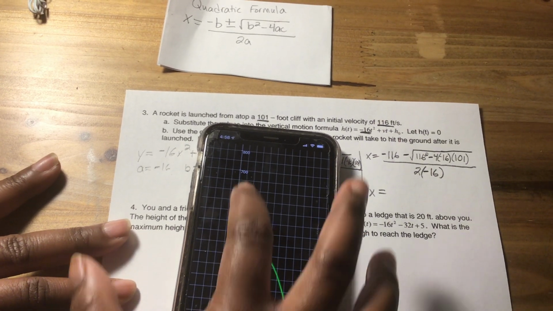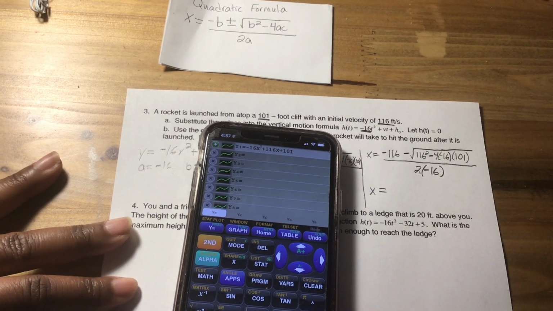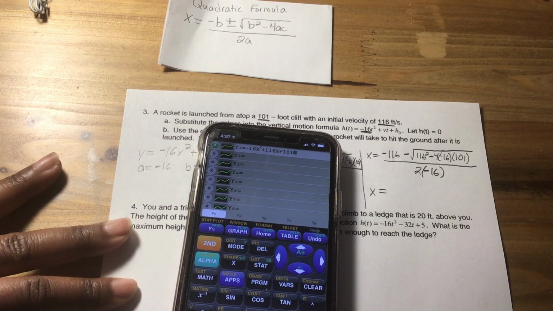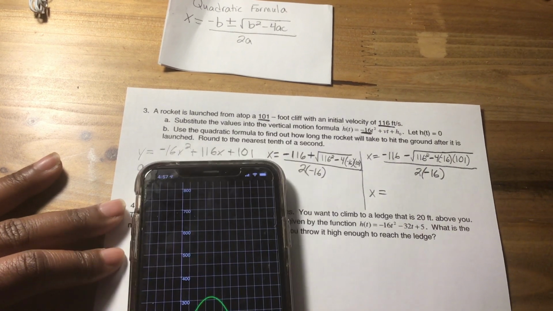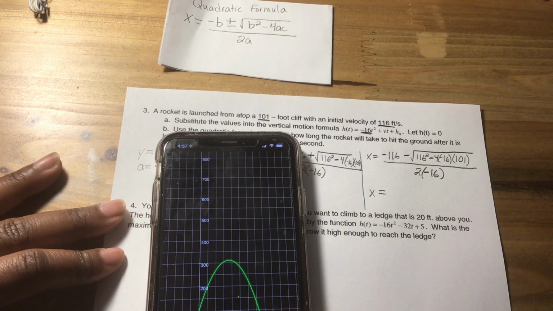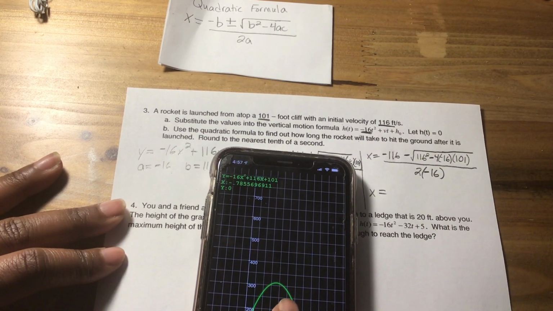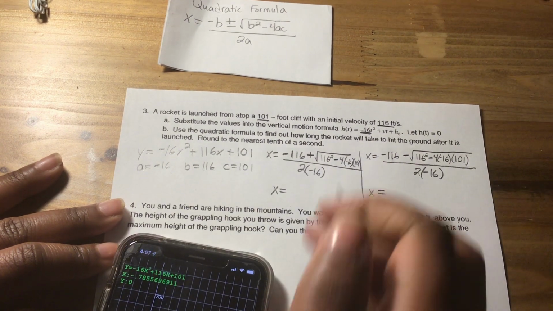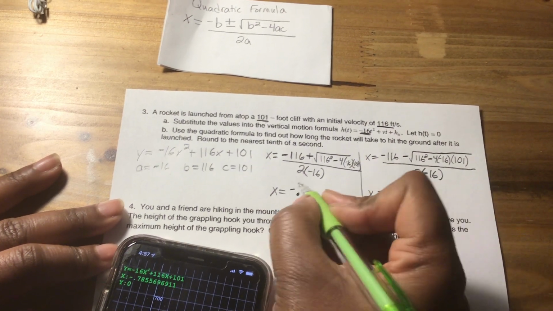Let me make sure it's 101. Yeah, that's right. So now our X-intercepts, you should have one over here, and they want you to round to the nearest tenths place, so you should get about -0.8.